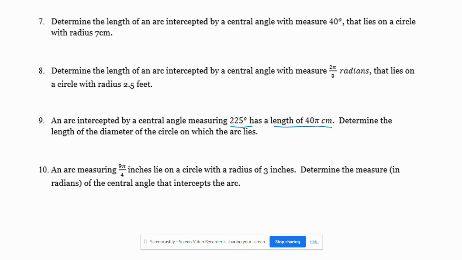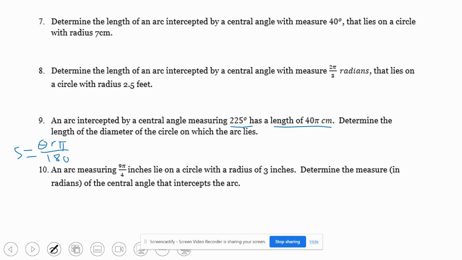So I'm going to plug into the formula for arc length in degrees. Alternatively, you could just convert that to radians first and use the radian formula. That honestly might be how I would do it, but I'm guessing most of you would rather do it the other way. So I'm just going to plug into this formula right here, right? S equals theta r pi over 180.